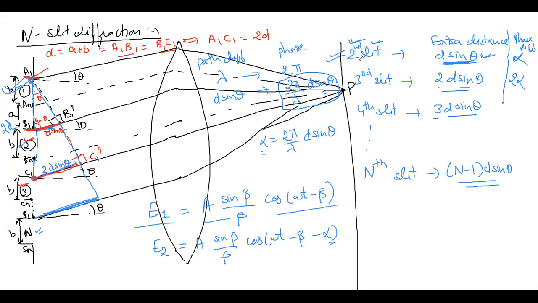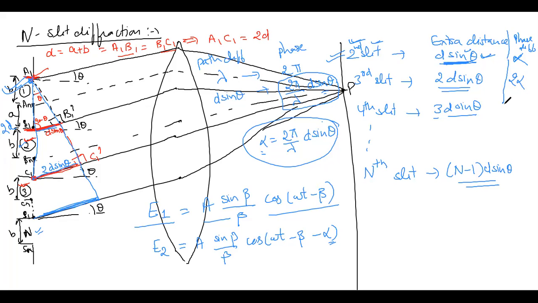I'm repeating: for extra distance d sine theta, the phase difference is alpha, where alpha is 2 pi by lambda into d sine theta, which we have defined here. Then if the extra distance is 2d sine theta, the phase difference is going to be 2 times alpha.